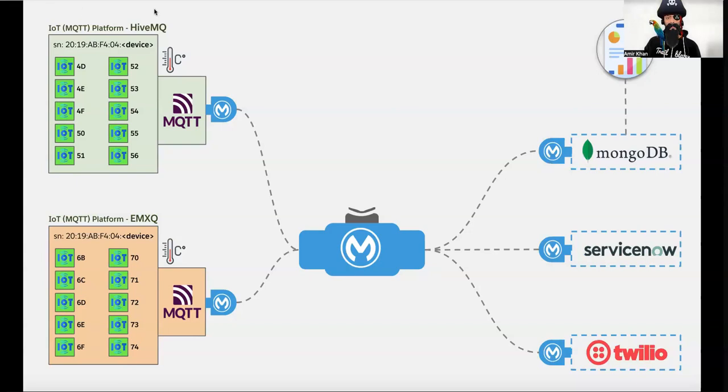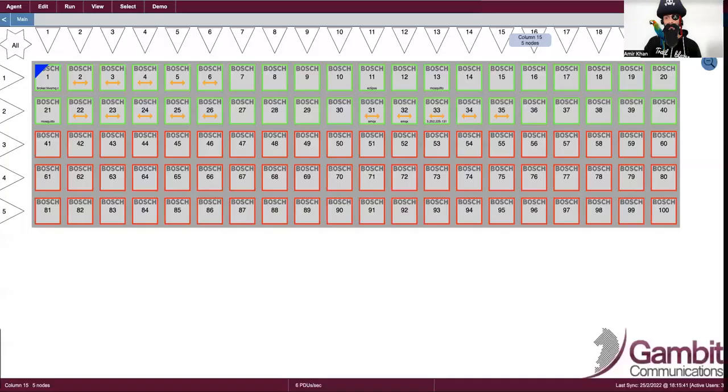But let's first start and see here the different MQTT devices which are available on this demo lab. You can see this demo lab is sponsored by Gambit Communications, and you can also access it. We are going to release very soon a detailed setup video for this demo, so you can build it in your environment as well.